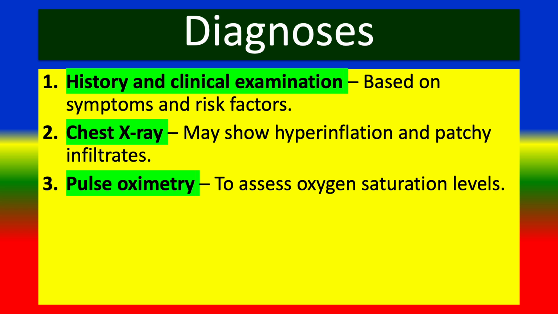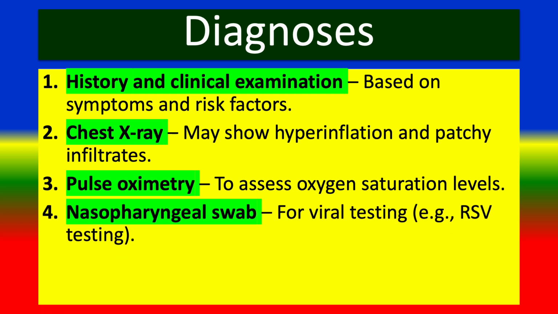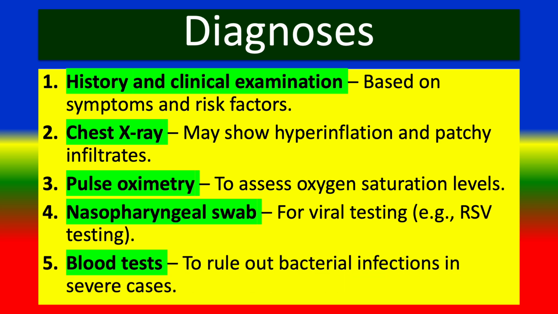Pulse oximeter to assess oxygen saturation levels. 4. Nasopharyngeal swab for viral testing, example RSV testing. 5. Blood tests to rule out bacterial infections in severe cases.